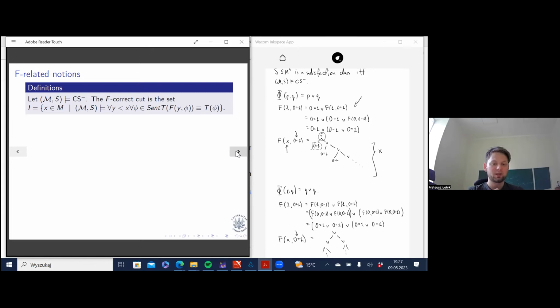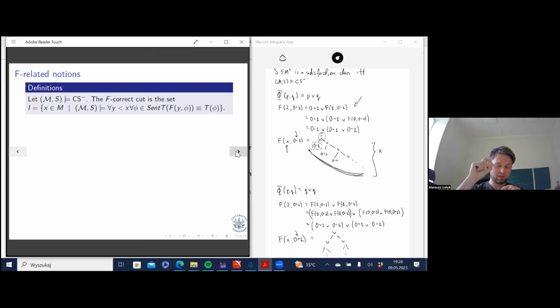In particular, for the case where phi is, for example, P or Q, as described on the right, if I is the F correct cut in a model of CS minus, then if you start iterating this procedure of taking longer and longer disjunctions, parenthesized in this way, then as long as the length of this iteration belongs to this cut I, our satisfaction class behaves correctly.